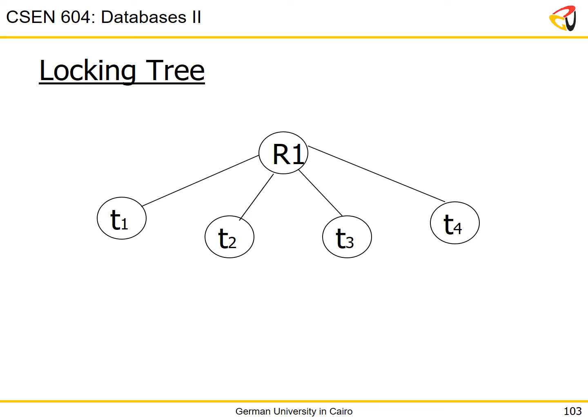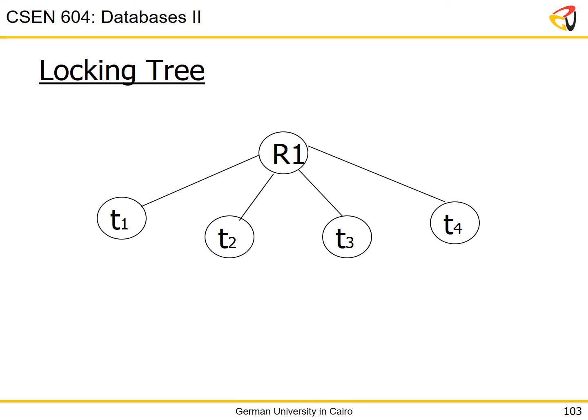Now we come to almost the last topic in this lecture, which is the notion of using a tree to keep track of the locks that were allocated and to have some kind of granular control on what is being locked.